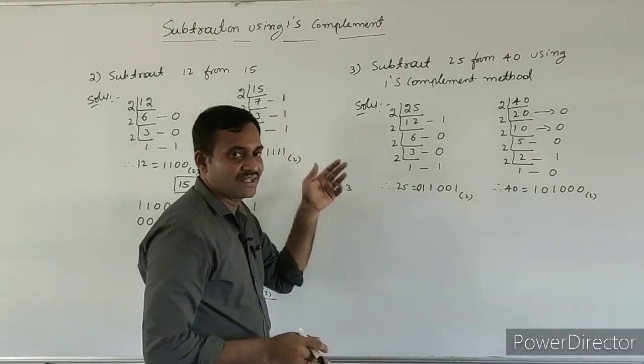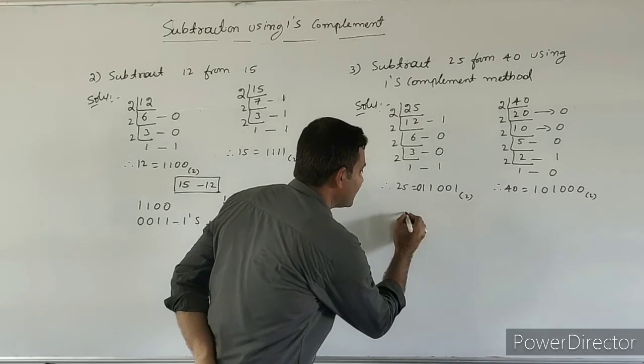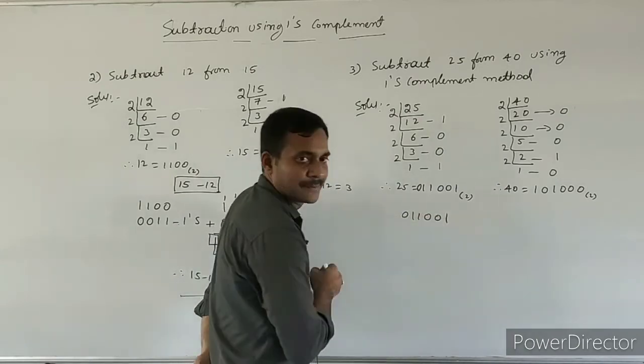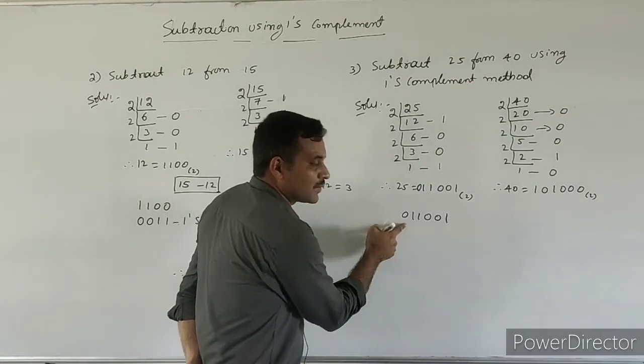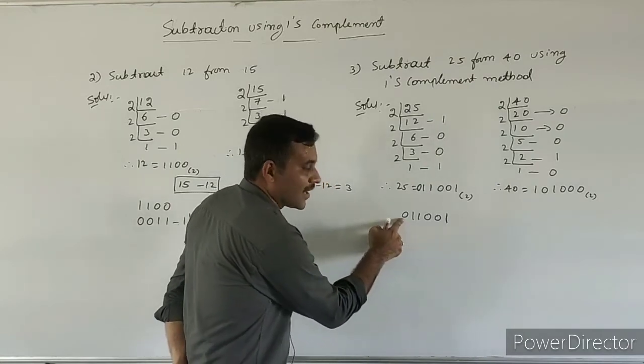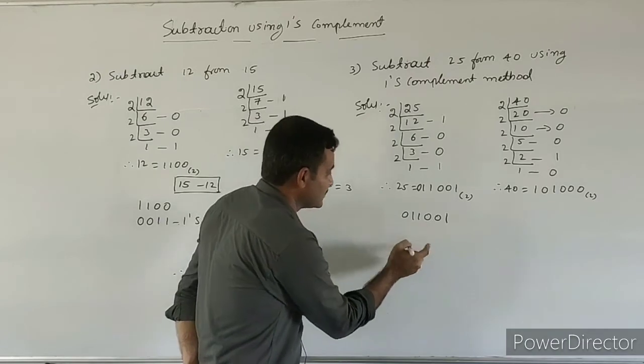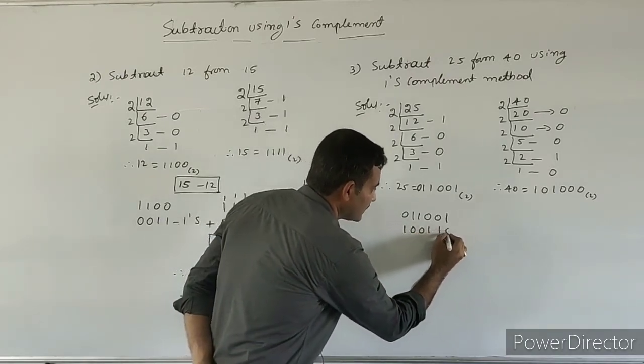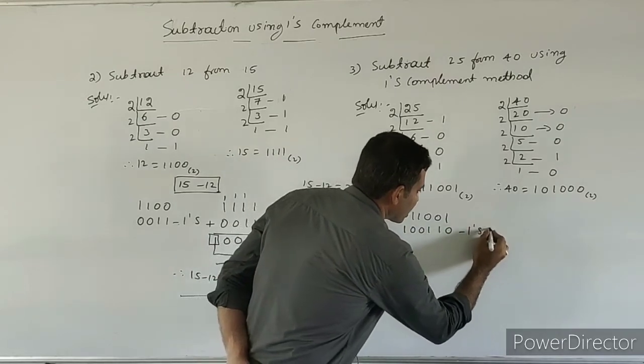Then apply the steps. Here 25 is the subtrahend: 0 1 1 0 0 1. Take the 1's complement of the subtrahend by changing all zeros to 1 and all ones to 0, that is 1 0 0 1 1 0. This is the 1's complement.